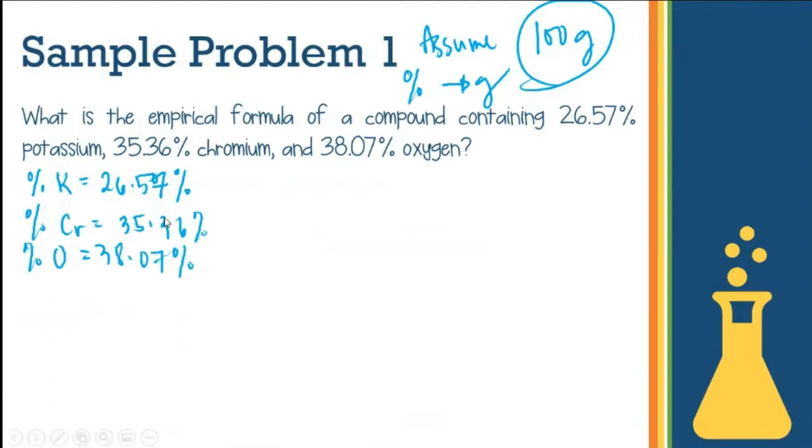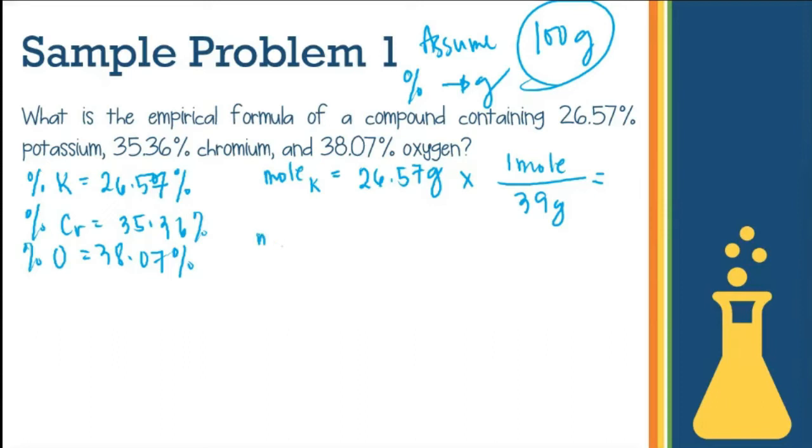So, para makuha natin yung kanyang number of moles, that will be mole of potassium is equal to 26.57 grams. Yun na yung mass niya, no? Change percent sign to grams times 1 mole over the molar mass of potassium. What is the molar mass of potassium? That is 39 grams.